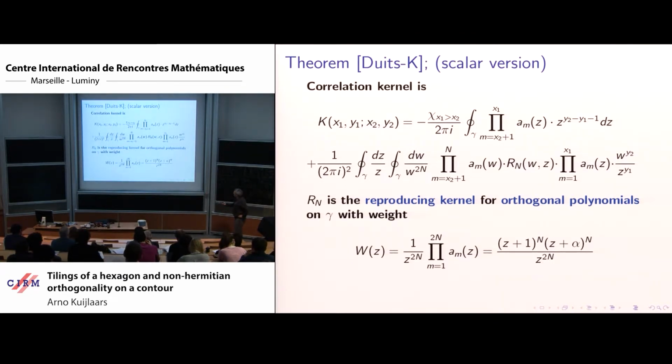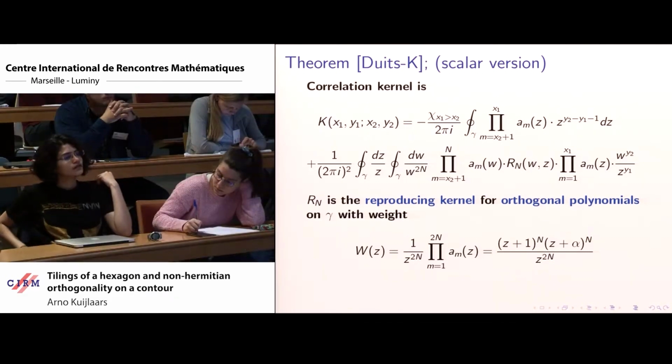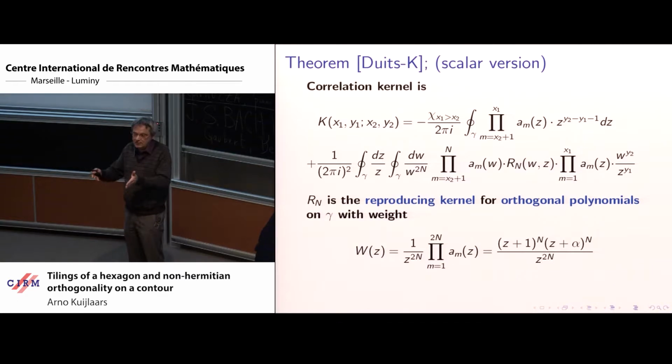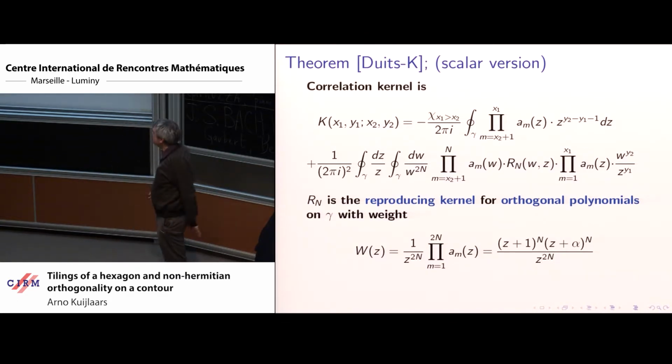Okay, so let's look at what we have here. So this is the kernel, x1 and y1 and x2 and y2. So x, y are just coordinates in Z times Z, right? So both integers that correspond to the positions that we are in the hexagon.